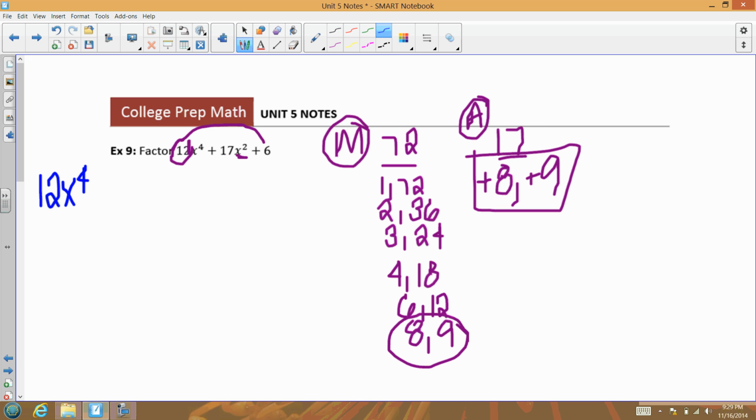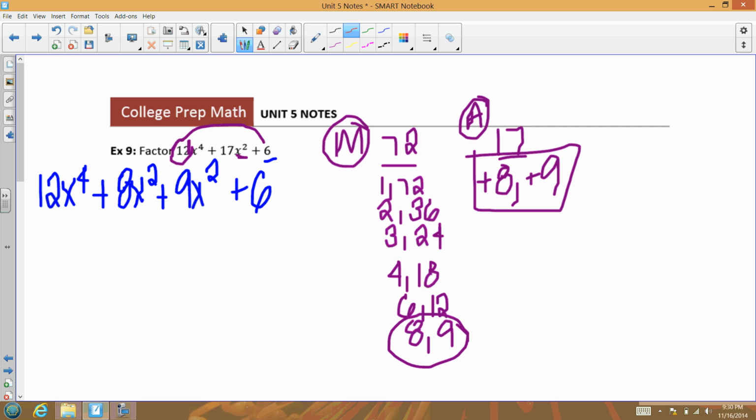If you look at the last term here, the 6, you could pull out a 3 if you use 9, or you could pull out a 2 if you use 8. So it's not going to really make a difference. So I'm just going to stick with the order I have. So 12x to the fourth plus 8x squared plus 9x squared plus 6.